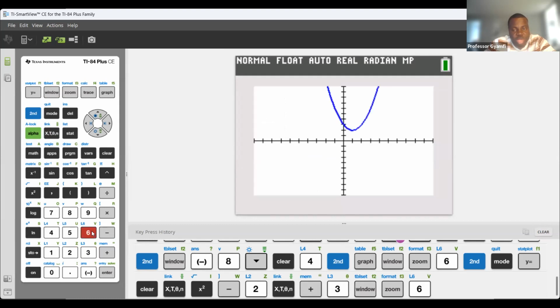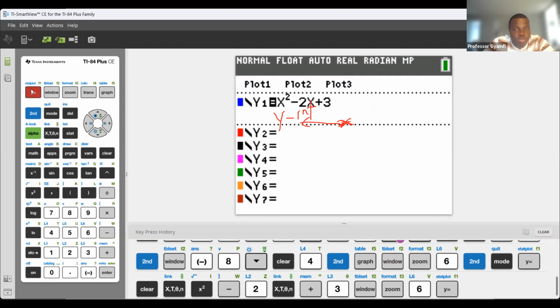You see how it looks? Now the point here, what is it? It is our y-intercept. All right. So you sketch this graph. Getting the graph shouldn't be so much of a hassle if you know how to put in the function for y1.